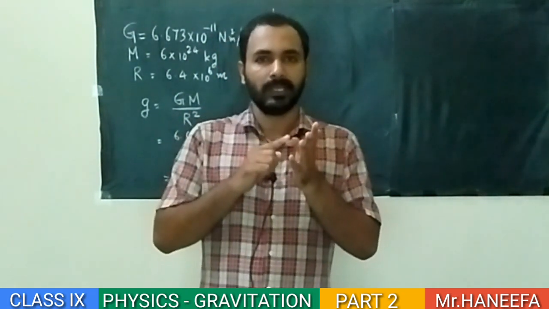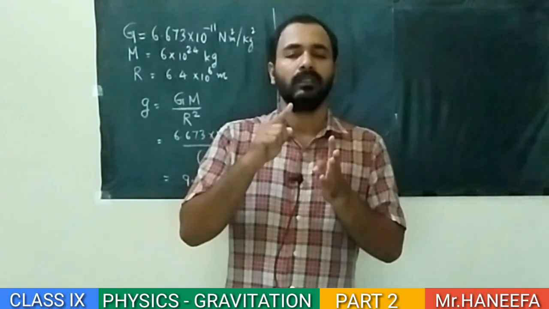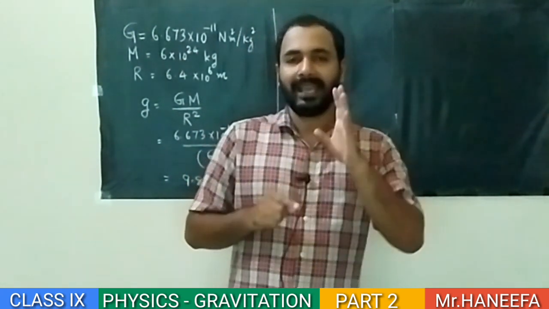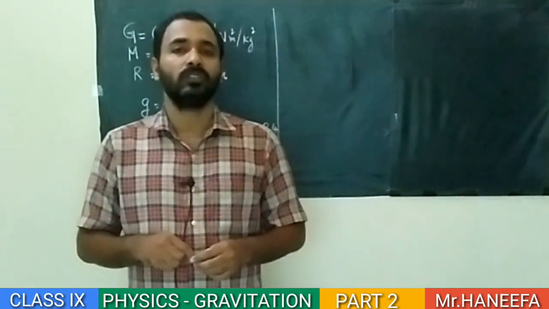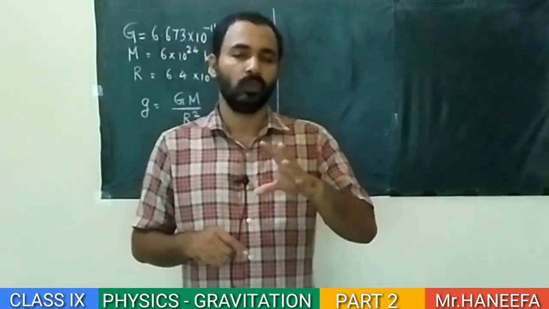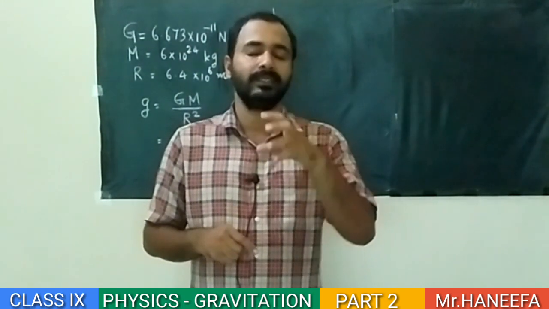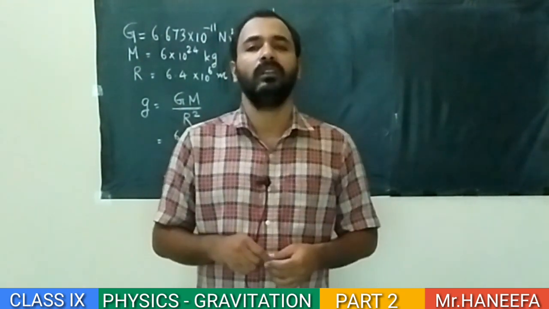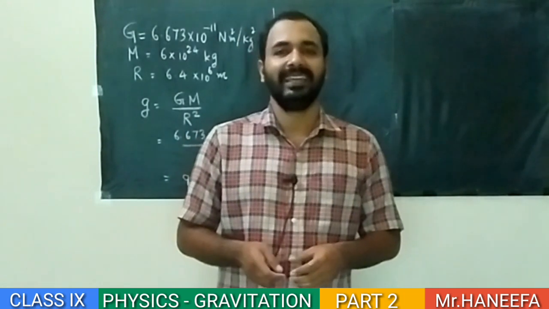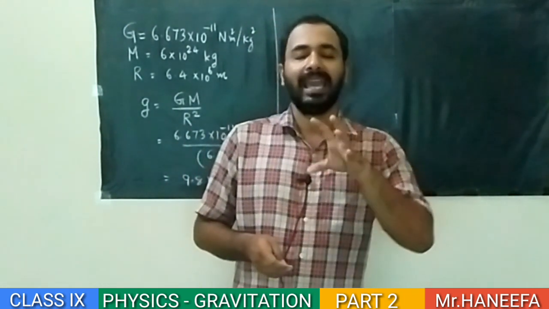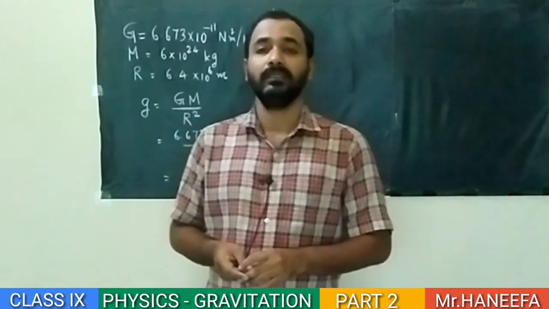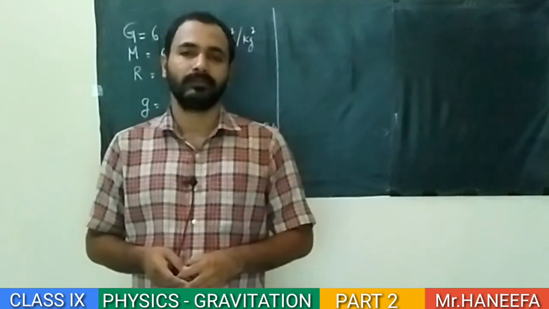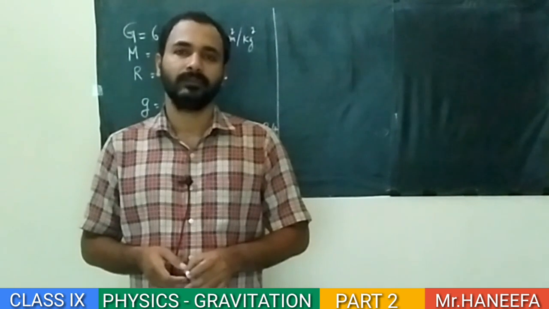Number 1, mass of the earth, next radius of the earth. Acceleration due to gravity is independent of the mass of the objects. So all objects in free fall fall towards the earth under the acceleration due to gravity of 9.8 meter per second square. Clear? Okay.